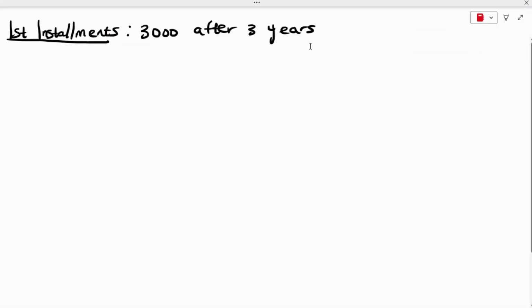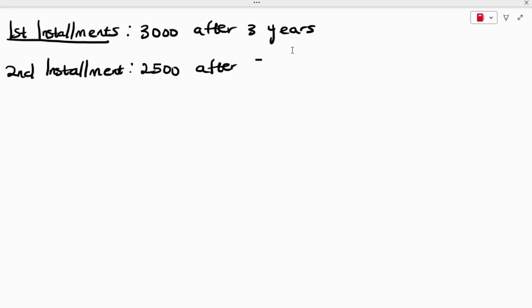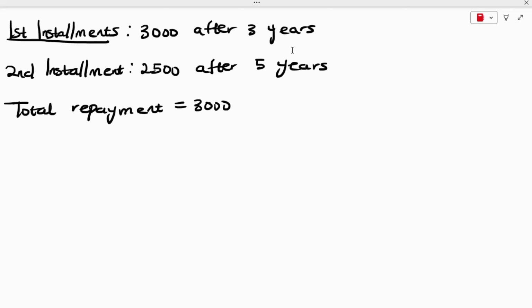And for the second installment, we have 2,500 after 5 years, which was gotten from the question. So the total repayments will be 3,000 after 3 years plus 2,500 after 5 years, which is going to give us 5,500.